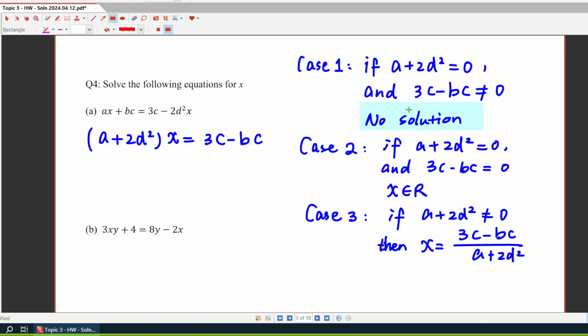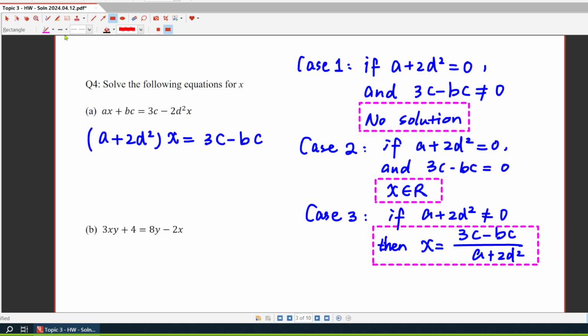You need to discuss different situations here. So depending on whether a plus 2d squared is 0 and 3c minus bc is 0, we have 3 solutions. Any questions?